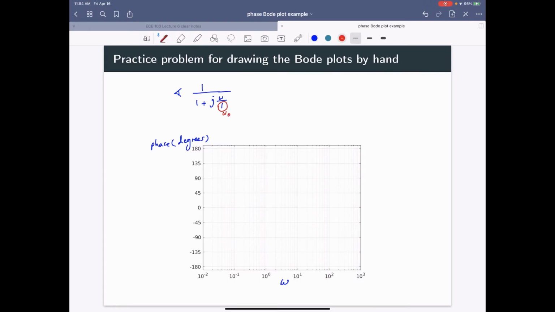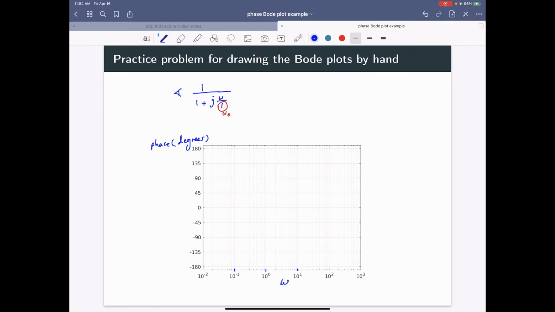We saw that to draw the phase Bode plot for a transfer function with a single real pole, we need to first find omega naught and label it. So this is my omega naught 1, and then label 1/10 of omega naught, which is this one, and 10 times omega naught, which is this one.